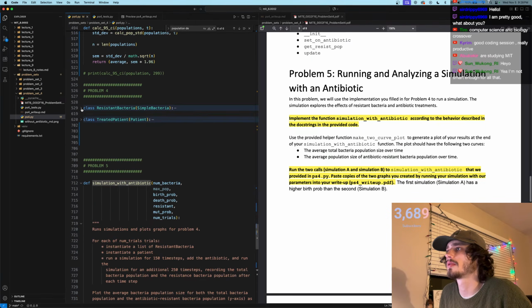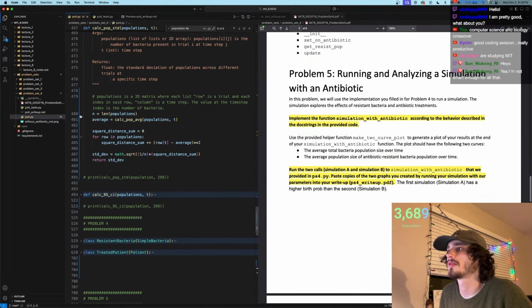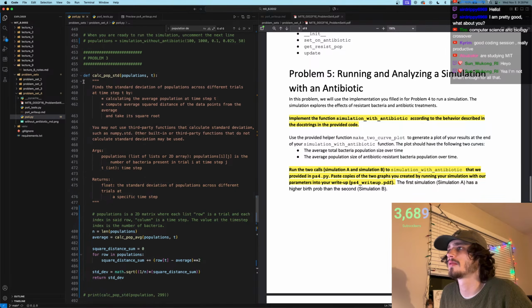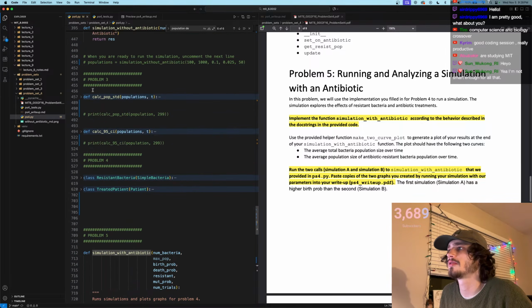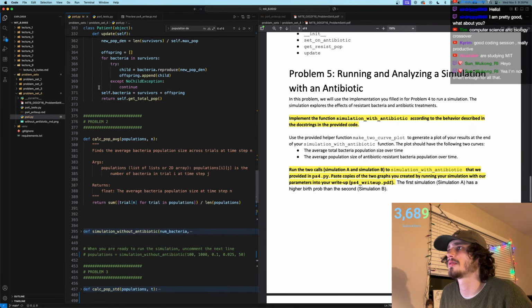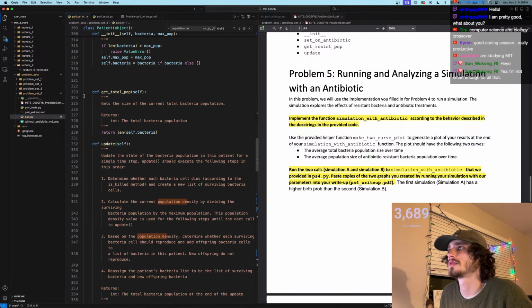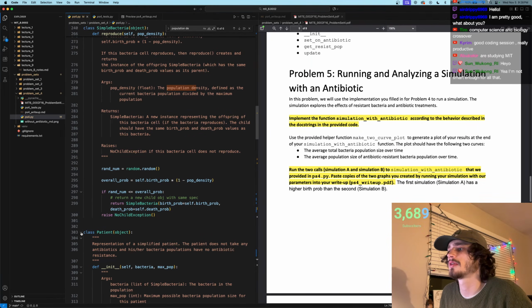Is this it's 95% confidence interval? Calc standard deviation. Simulation with antibiotic. Without. Population average. Patient class.